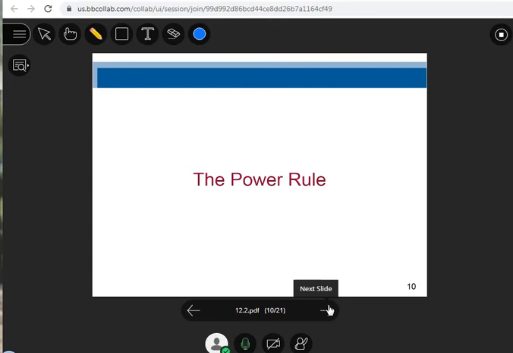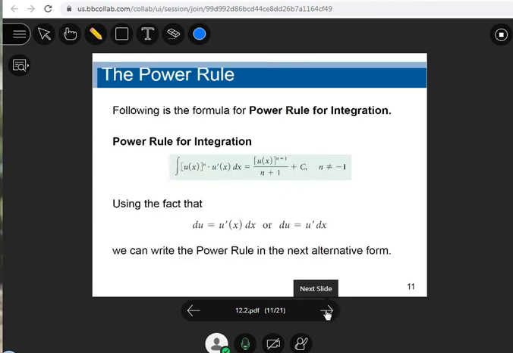Then let's move to the power rule in more depth. Let's see how we can solve such problems. This is the basic theory as explained before. Here u is a function of x, and we are given an integral of u to the power of n times u prime x.